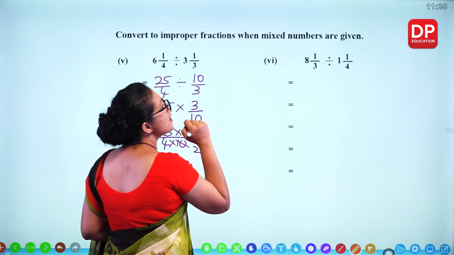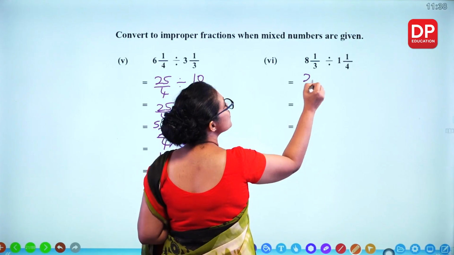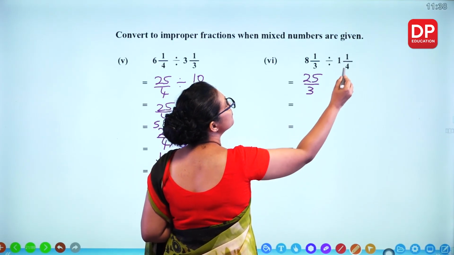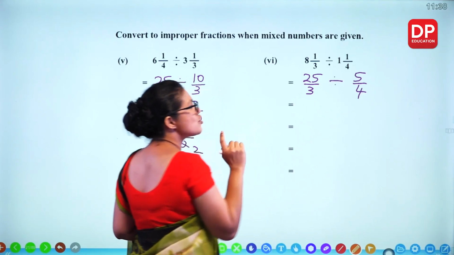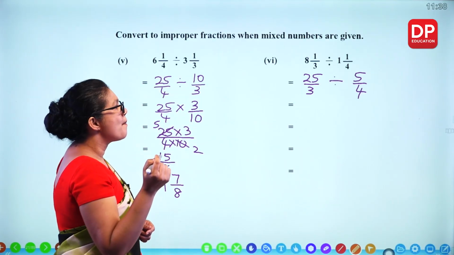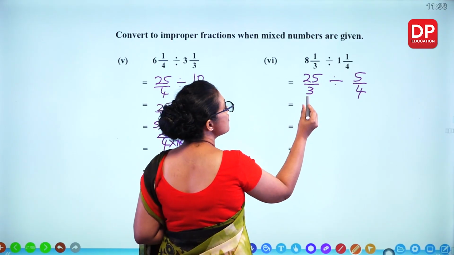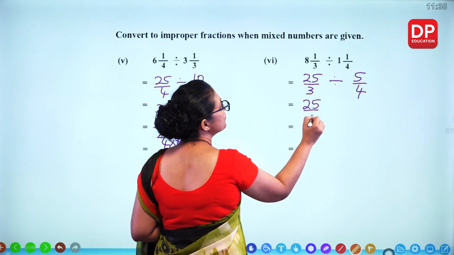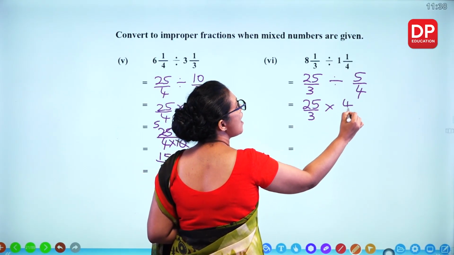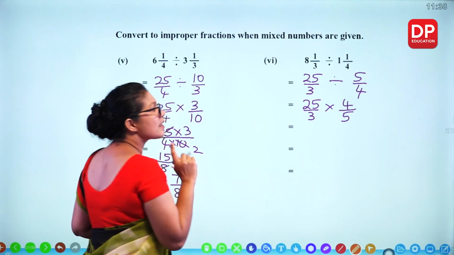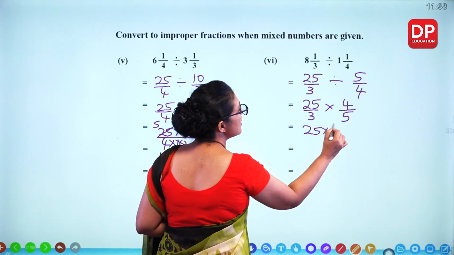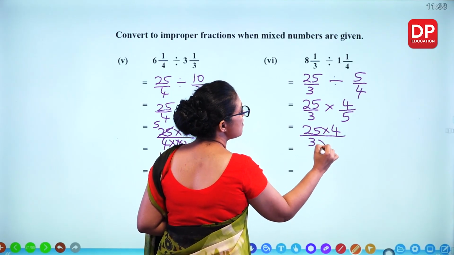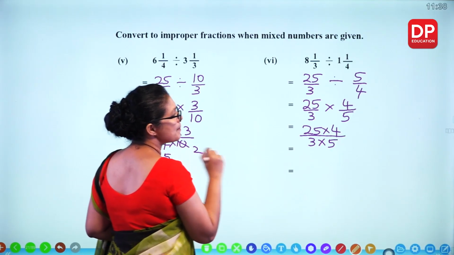Look at this one. Convert to improper fractions. 24 plus 1, 25. This is 5/4. Division, now convert to multiplication of its reciprocal. So upside down, numerators multiply separately, denominators multiply separately.